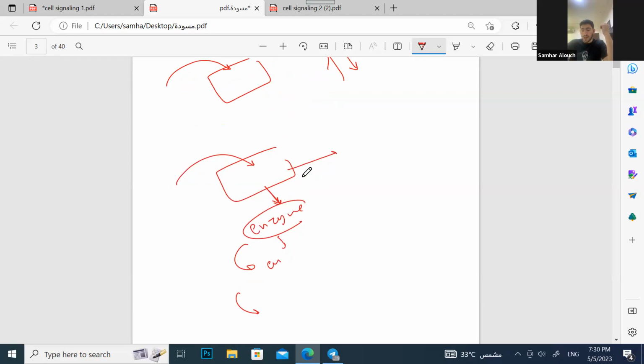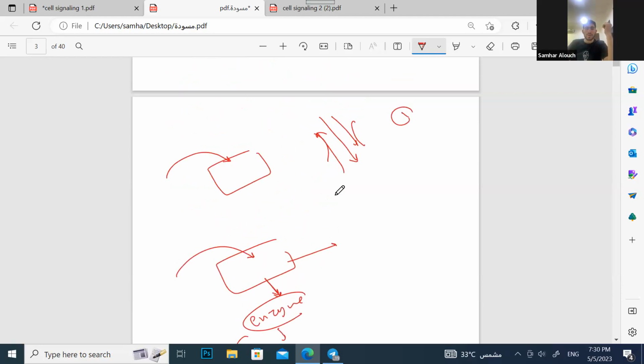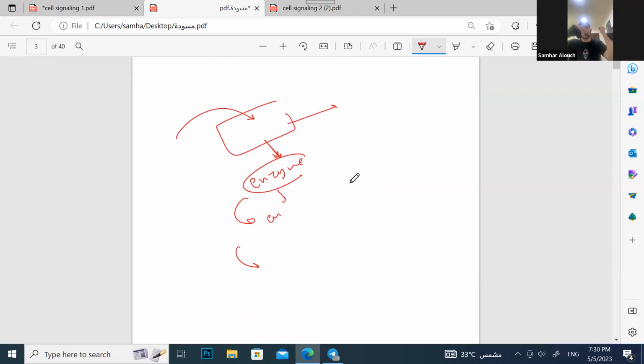It's important to mention that in the one with ion channels, after the ligand binds, the channels open and the ions enter and get out. That's it. This one, since it has many enzymes activating each other, the signaling response gets amplified. So if one molecule binds here, the effect will be very high. Why? Because this enzyme is activating another enzyme, and this way, by this cascade, enzyme activating another enzyme, activating another, it's causing an amplification of the response.